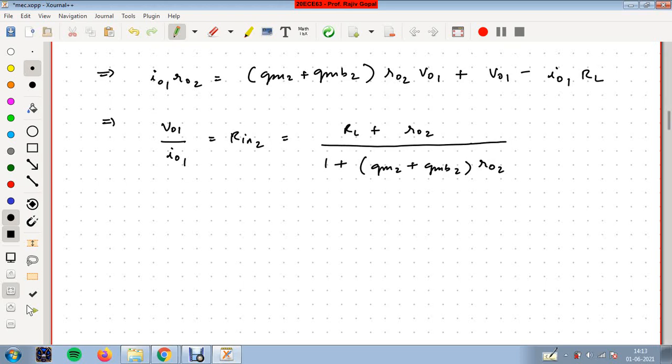If you make a small assumption that R02 is infinite, not considering R02 at all, then Rin2 reduces to 1 by (GM2 + GMB2).